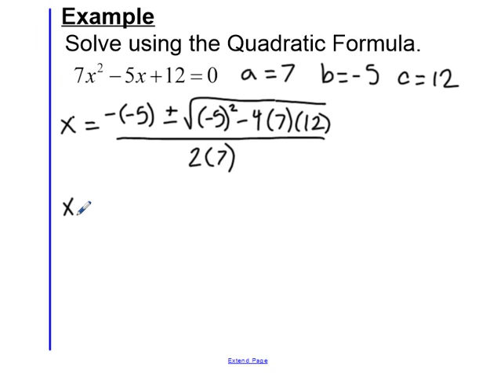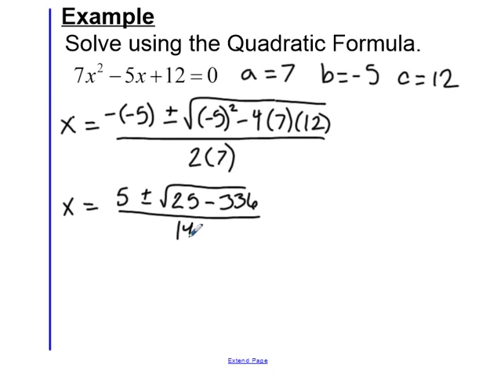Let's simplify the pieces that we have. 2 negatives on the 5 make a positive 5. 5 squared is 25. And 4 times 7 times 12 would be 336. All divided by 14.